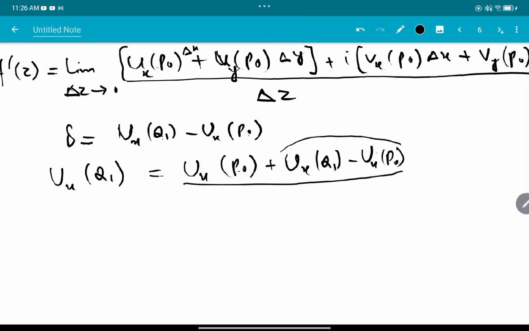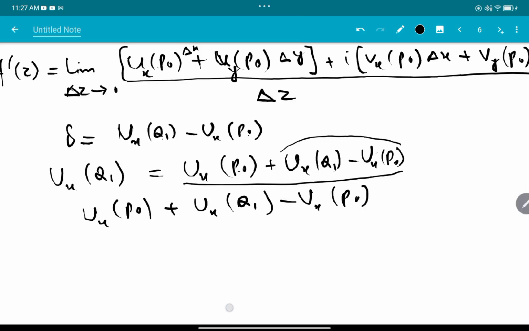This is what actually will form the error, the delta. This part, which I had to write here. But along with this part, I will have to collect. See what? When I substitute this in place of UXQ1, I have this situation: UXP naught plus UXQ1 minus UXP naught in place of this UXQ1, but UXQ1 is multiplied by delta x there.